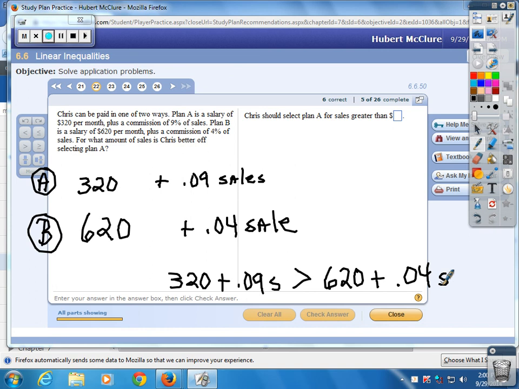Am I going to move the 9S or am I going to move the 4S? I'm going to move the 4S. And I don't care about the numbers. The numbers will work out. I just don't want my variable to be negative.